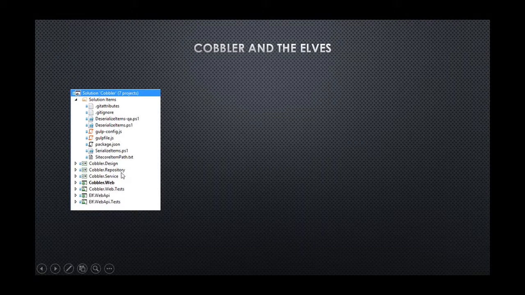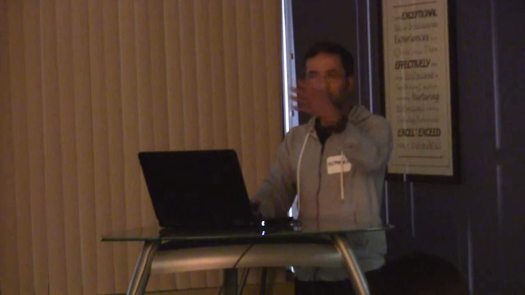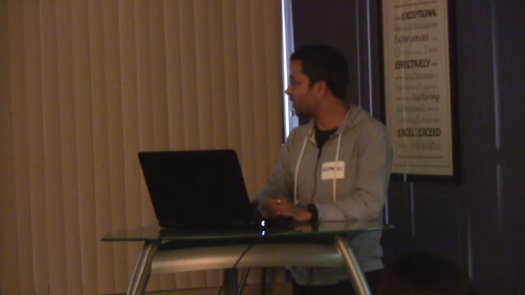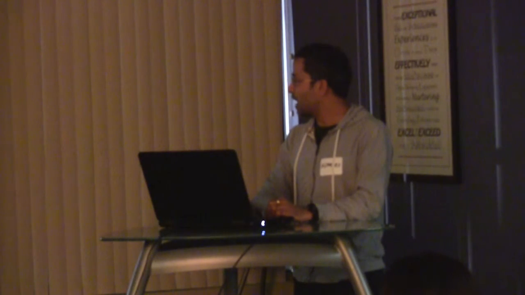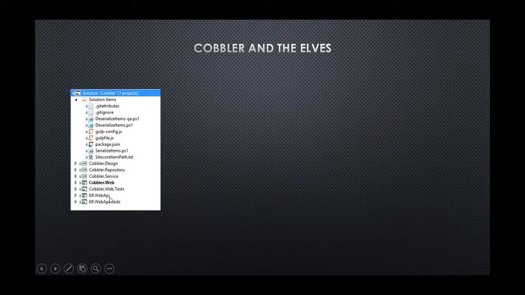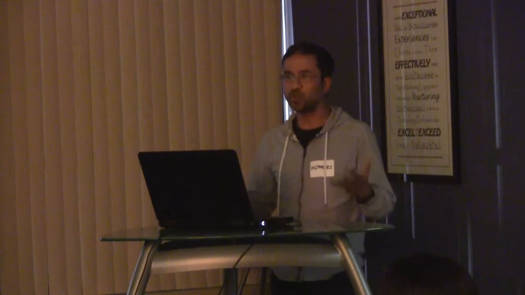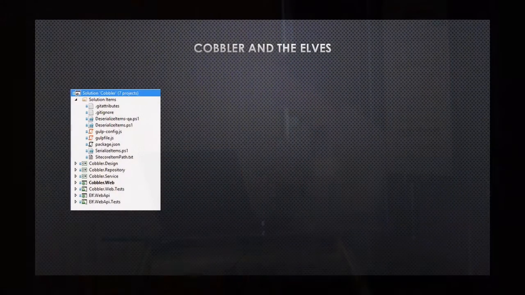Then I have some DLLs, repository and services, the way we design our project, and then I have another website which is a second website for my API to demonstrate that using this process I can not only deploy or publish one website's code, I can do that for my whole solution, including Sitecore.